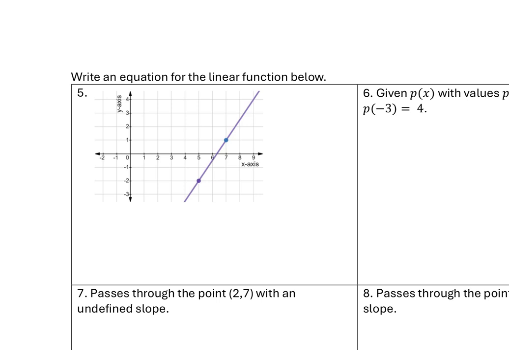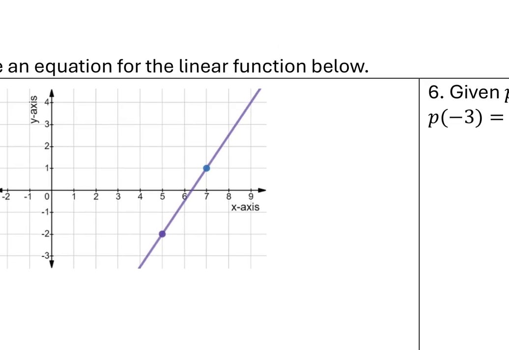But this is an example where you can't see the y-intercept, so you're going to have to use that point slope form. Okay? Now, when we find the slope, which is step number 1, they've already given us 2 points, so we can just count, rise over run, like we did yesterday in our intro unit. So we're going to rise 1, 2, 3, and then we have a run of 2. So the slope of this line is 3 over 2.